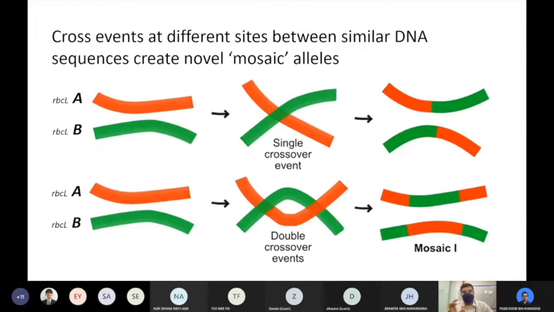The term is probably not correct. It's not new. It's the same gene, but it has multiple single nucleotide polymorphisms, or mutation sites, inside the gene now in the plastid genome.